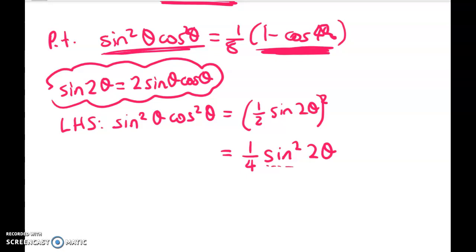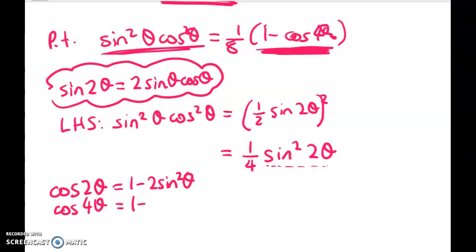When I've got the double angle for cosine, cos of 2 theta is equal to 1 minus 2 sine squared theta. So cos of 4 theta is equal to 1 minus 2 sine squared 2 theta.